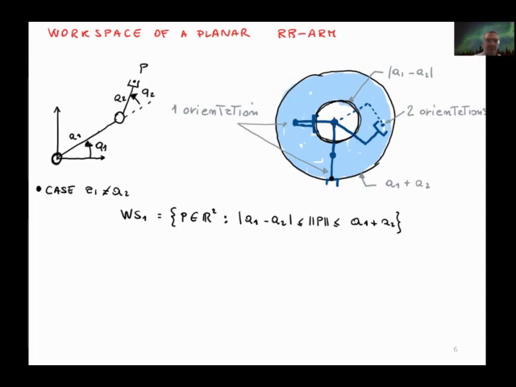Again, in this case, you have only one orientation possible in the plane. While for all the other points in the middle, like for example, all this blue area, you can have two orientations.